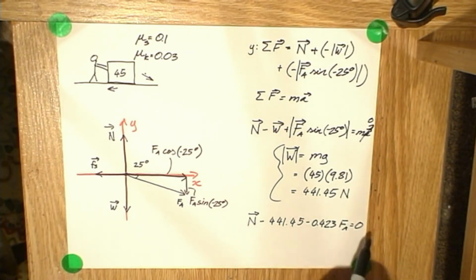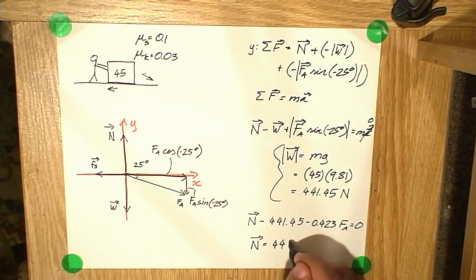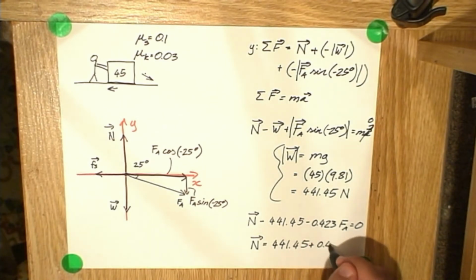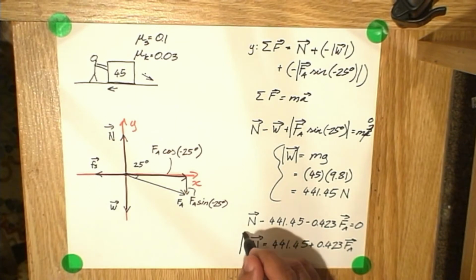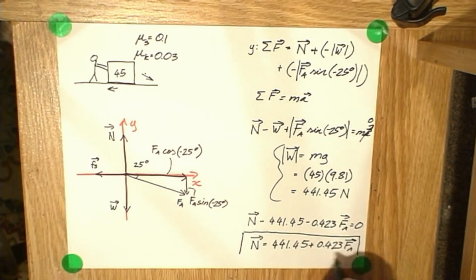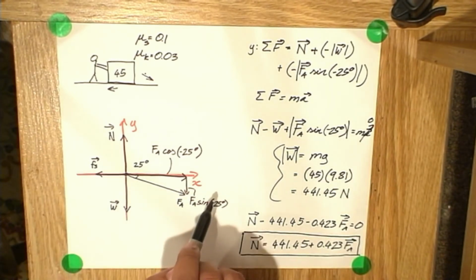So simplifying this even further, we end up with normal force is equal to 441.45 plus 0.423 times the applied force. So we're going to hold on to this equation over here. And now we're going to look at what happens in the x direction.